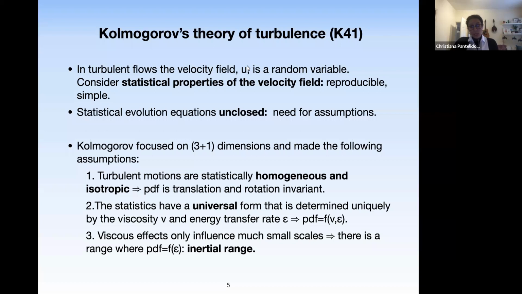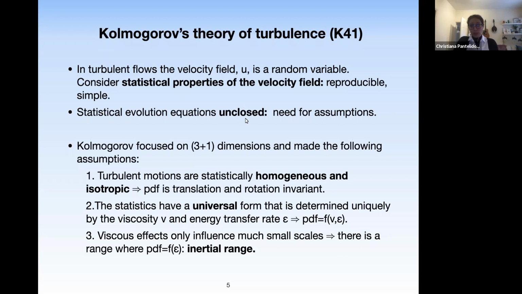So at that stage in the literature, it was natural for people to try to reformulate the Navier-Stokes equations in terms of these statistical properties. Okay, and people did that, but they soon realized that that was not the way out. That was because these statistical evolution equations turned out to be unclosed.